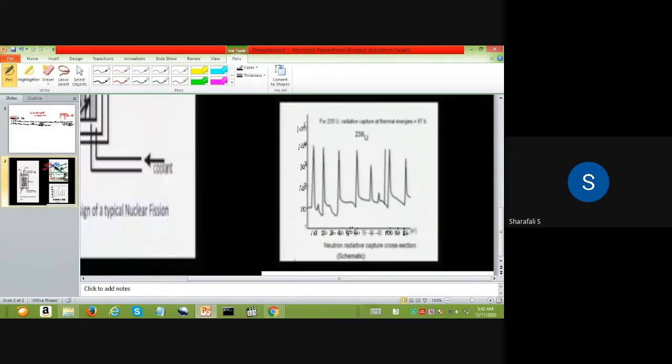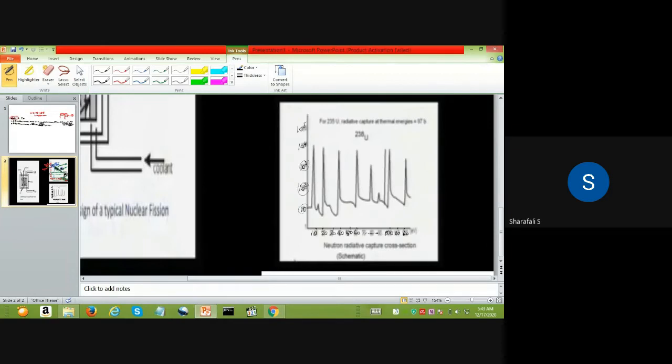So the x-axis is a linear scale, and the y-axis is a logarithmic scale. Here you can see 10, 10 square, 10 cube. The y-axis is a logarithmic scale: 10, then 100, then 1000, then 10,000, like that. But the x-axis is in the linear scale.